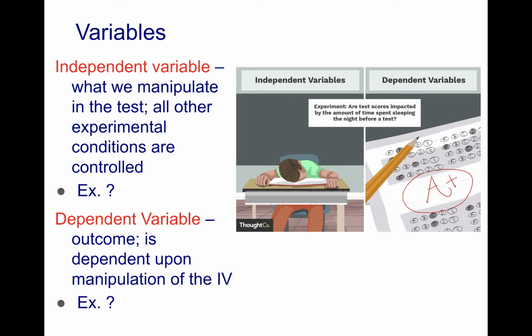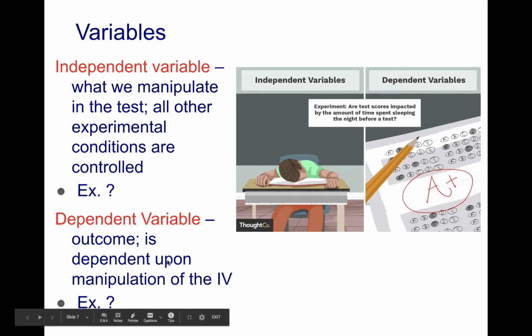Dependent variable is how we measure our outcome. We say it's dependent because it's dependent upon the manipulation of the independent variable. This is our effect. So in this case, our dependent variable is going to be the student's test scores. We're testing the effect of sleep on students' test scores.